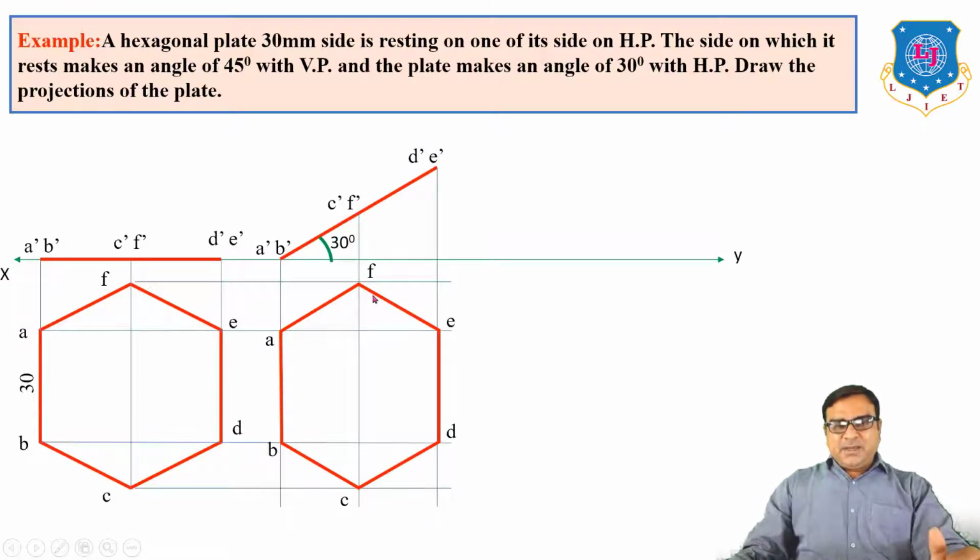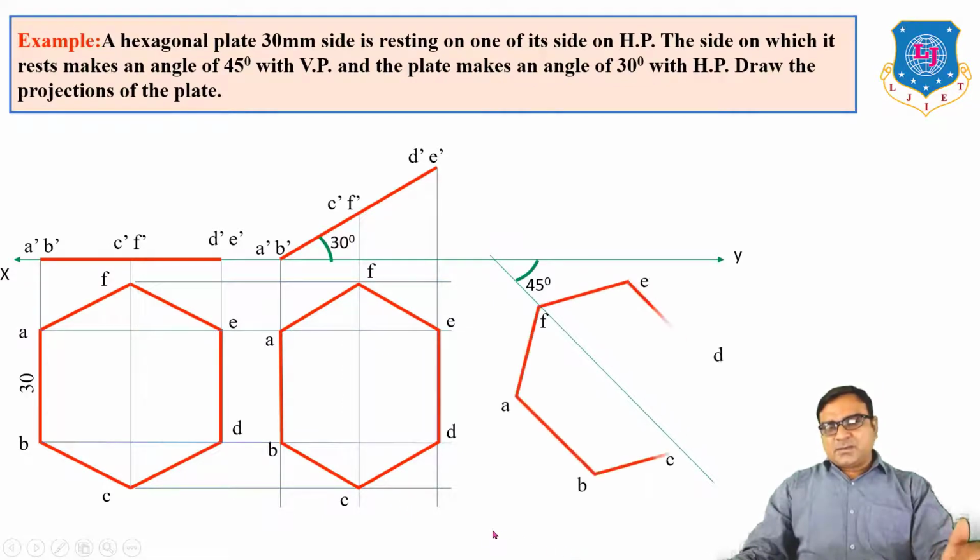So here AB, FC and ED, all 3 lines are parallel. If we take FC at 45 degrees, then there is no problem. So draw one line at 45 degrees and put the FC point on that line, and by using the arc method or box method you can redraw this hexagon again.